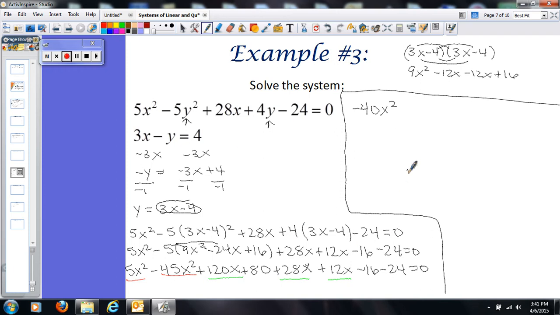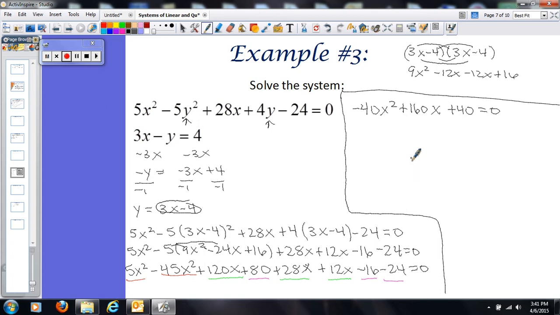120 and 28 is 148, plus 12 is going to be 160x, and then you're going to have 80, negative 16 and negative 24. So 80 minus 16 is going to be 64, minus 24 is going to be 40, and that equals 0. And now you're going to solve this just like you did the regular quadratics.